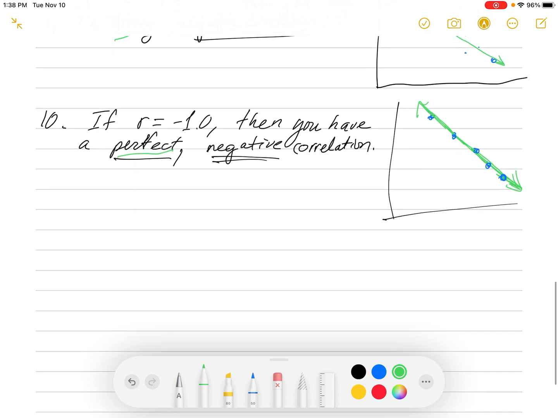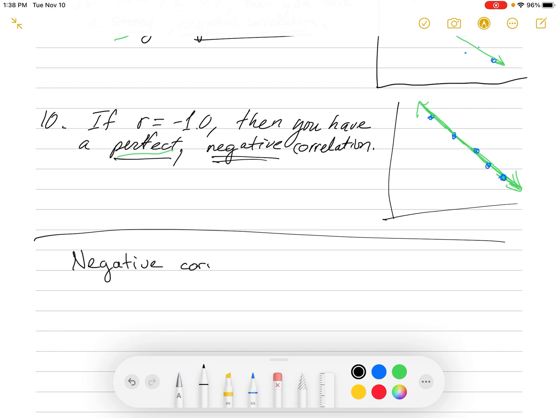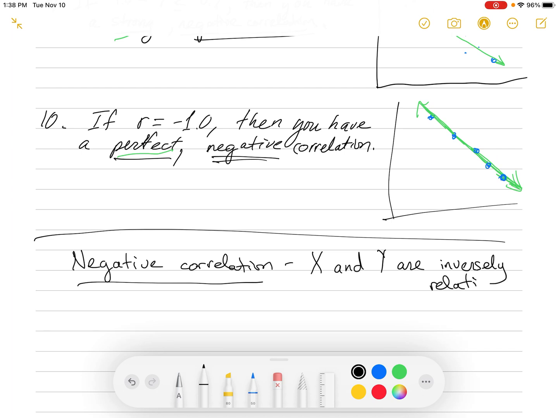Some other terms you might want to hear: anytime you hear a negative correlation, another way to say it is that X and Y are inversely related. This is just another way of saying there's a negative correlation.